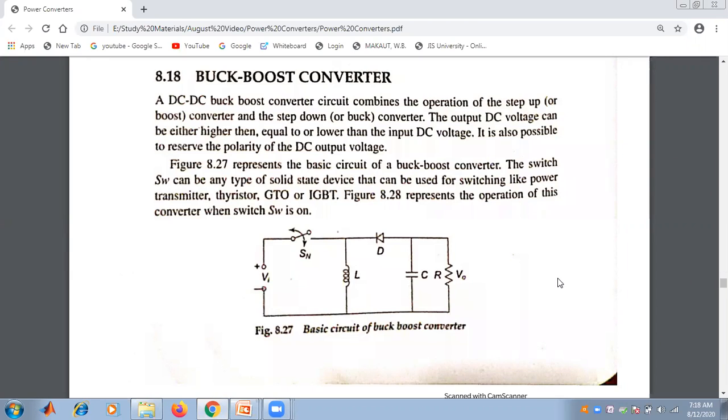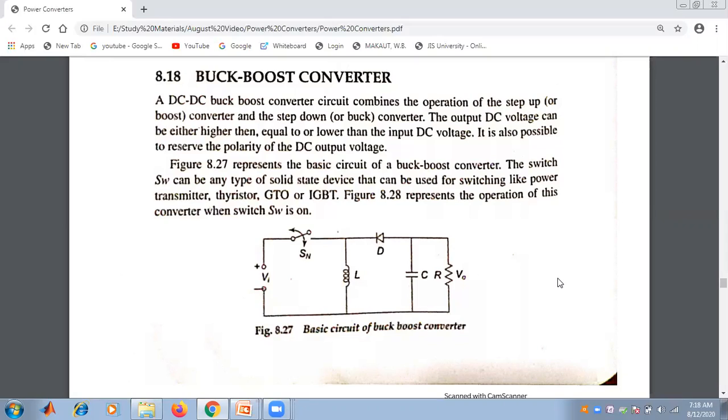So, a buck boost converter, a DC to DC buck boost converter circuit, combines the operation of the step up, or in other words the boost converter, and the step down, or the buck converter.